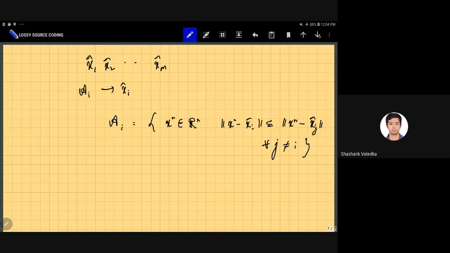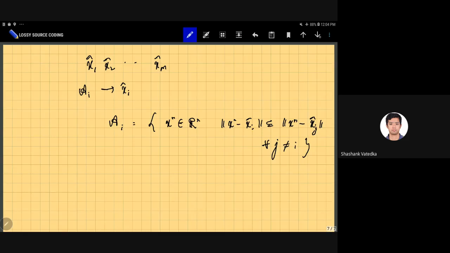That is how we chose the thresholds in the one-dimensional case. The intuition behind choosing the midpoint as the threshold between x1 and x2 was that all the points to the left of the threshold are closer to x1 than to x2, and all the points to the right are closer to x2 than to x1.